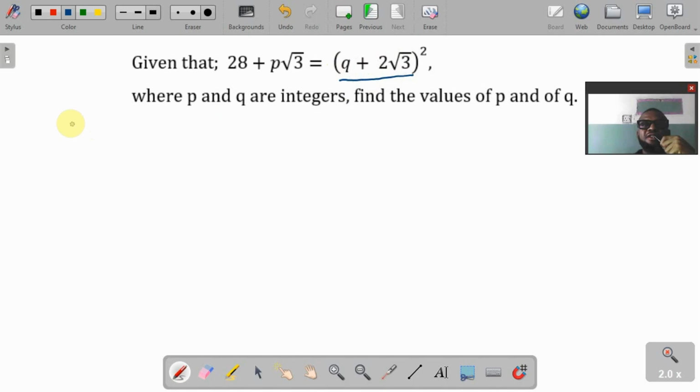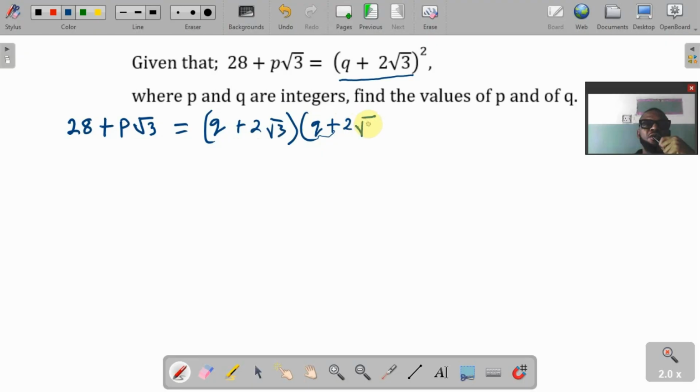So we have 28 plus 2P√3 is equal to (Q plus 2√3), and we multiply it again, into (Q plus 2√3). Now let's open the bracket.